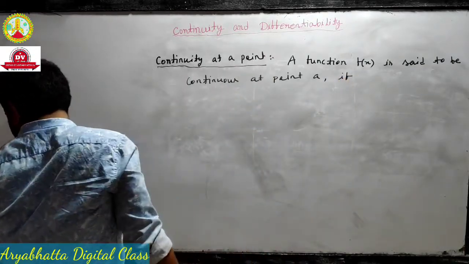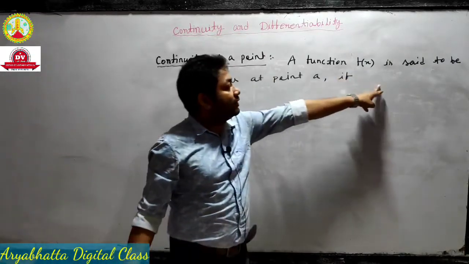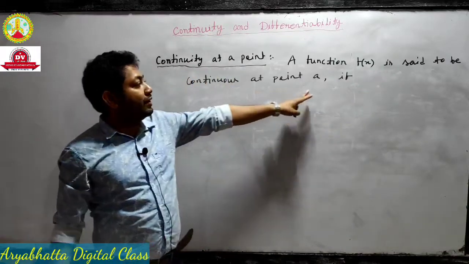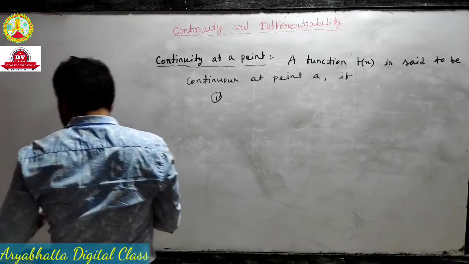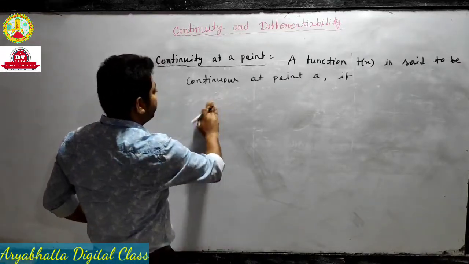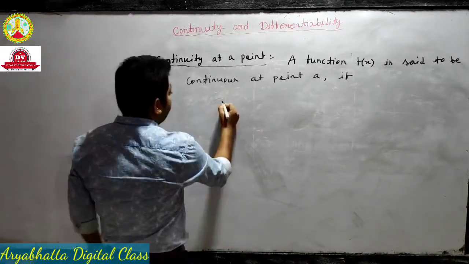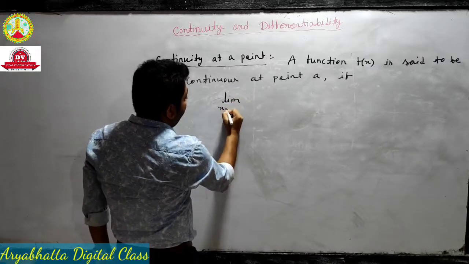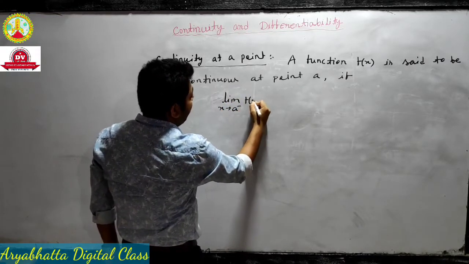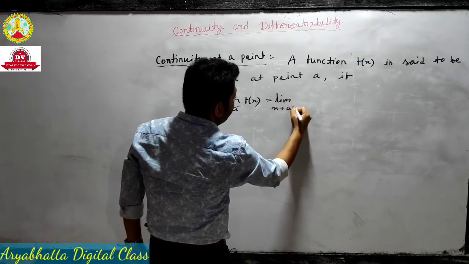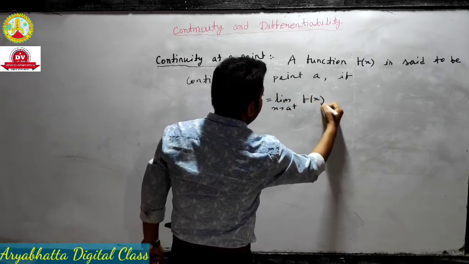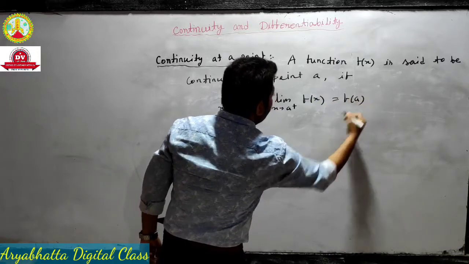Number 1, limit x tends to a minus f of x is equal to limit x tends to a plus f of x is equal to f of a.